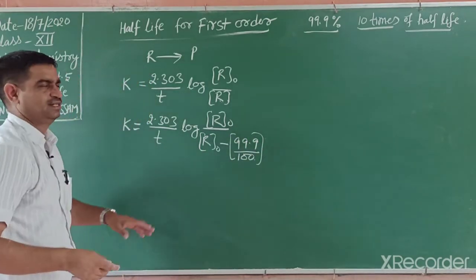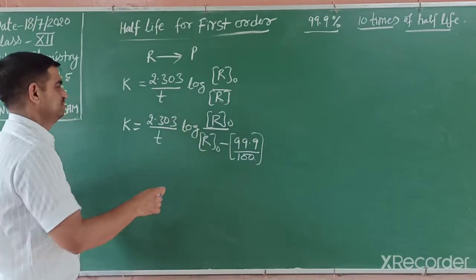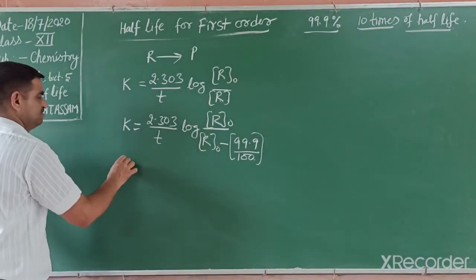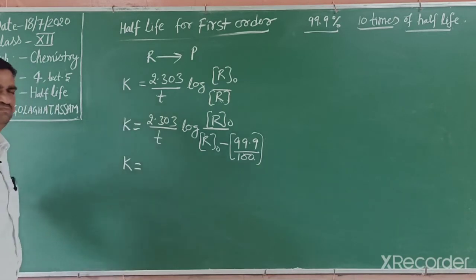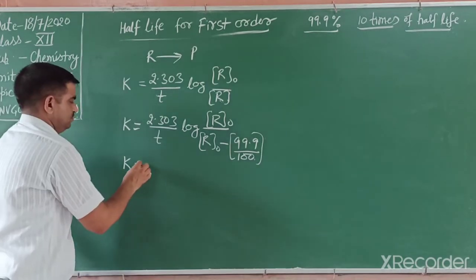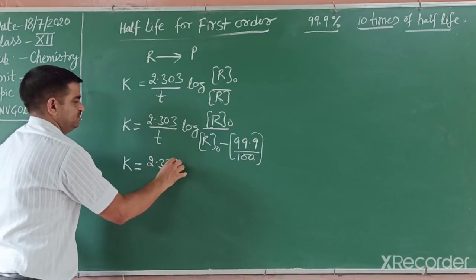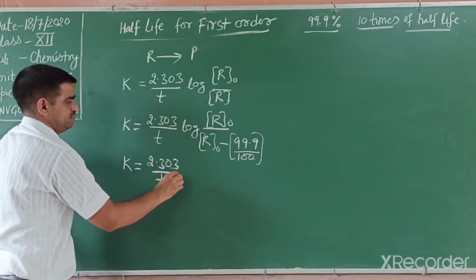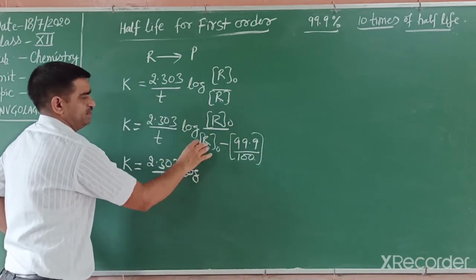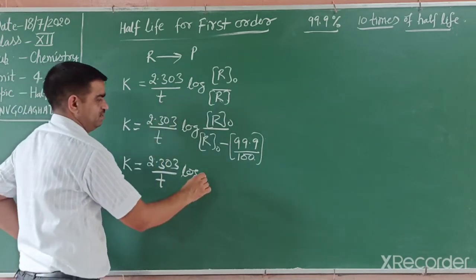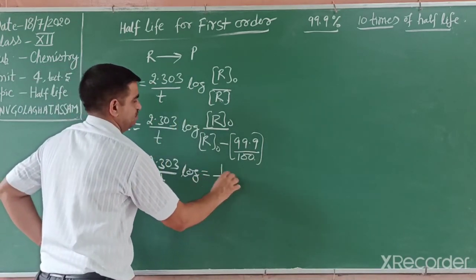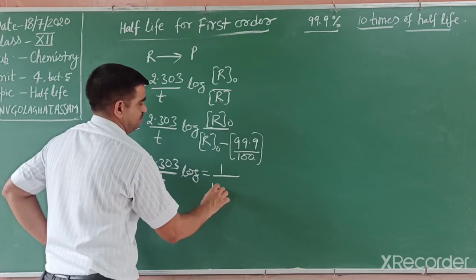So if the initial concentration we take is 1, then K is equal to 2.303 divided by T log 1 divided by 1 minus 0.999.